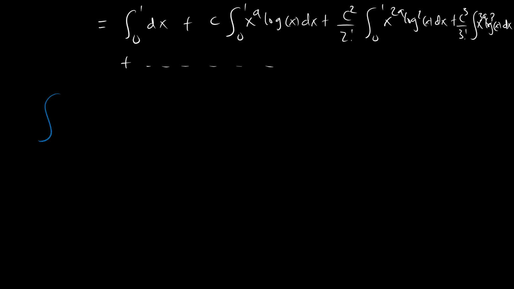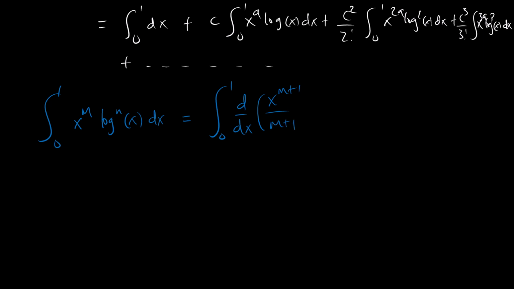If we have an integral from 0 to 1 of x to the m log to the n of x, this can also be expressed as the integral from 0 to 1 of the derivative of x to the power m plus 1 over m plus 1, times log n of x.